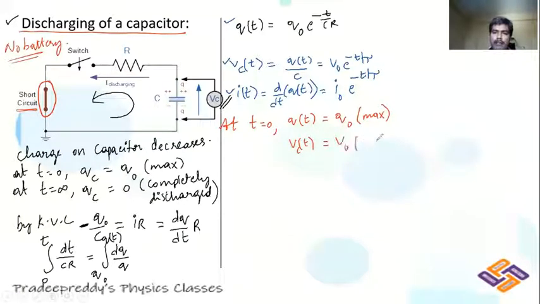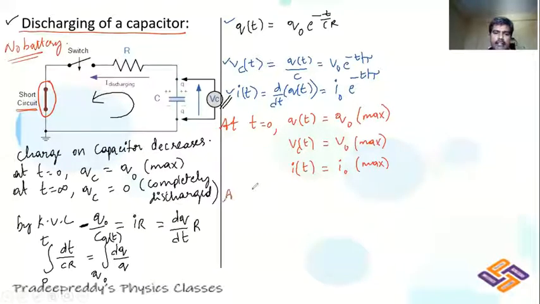It is maximum. What about I of t? I of t will be equal to I naught, since e power 0 is equal to 1. That is maximum. That is at time t is equal to 0.